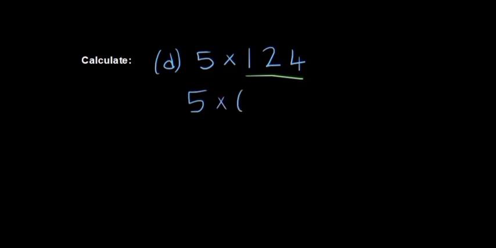We're going to cut this 3-digit number to 100 plus 30 minus 6. So this is still 124. And we know that we can distribute multiplication over addition and subtraction.